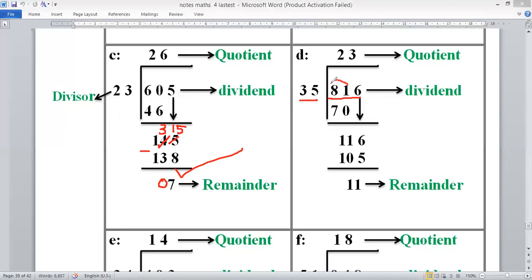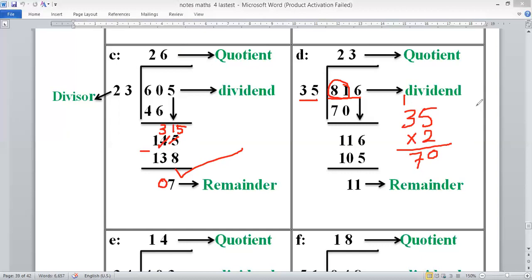First we take 81. First we divide 81 by 35. And when we multiply 35 by 2, 5 twos are 10. Carry 1. 2 threes are 6 plus 1, 7. 70 is the number that is close to 81.